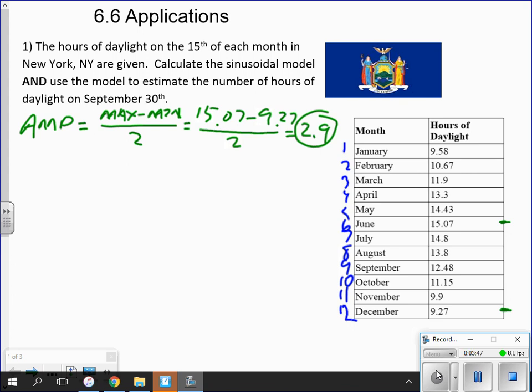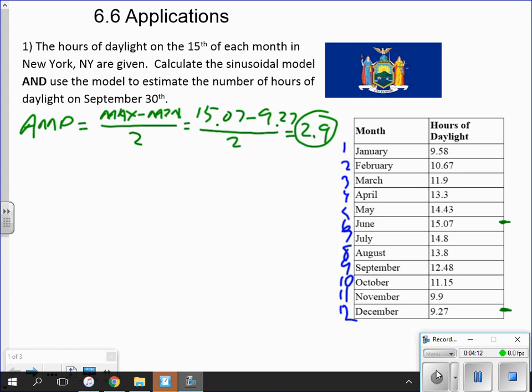Our daylight hours are positive. We have to do a vertical shift to go with it. Our vertical shift is actually very easy. You take the minimum value and add the amplitude, and that will tell you how far the whole thing moves up. Find the middle. Your vertical shift is where the middle value is.